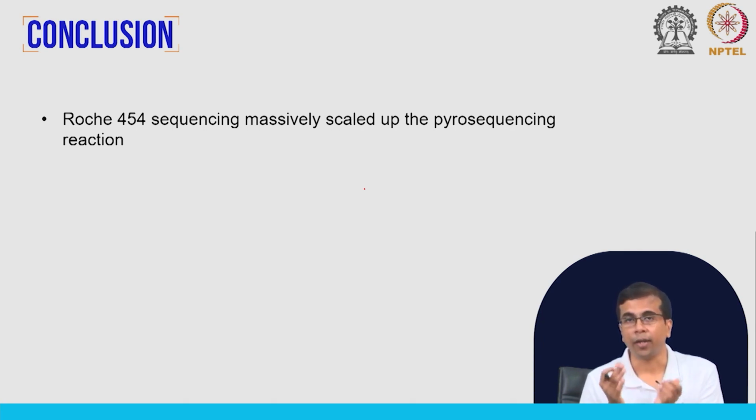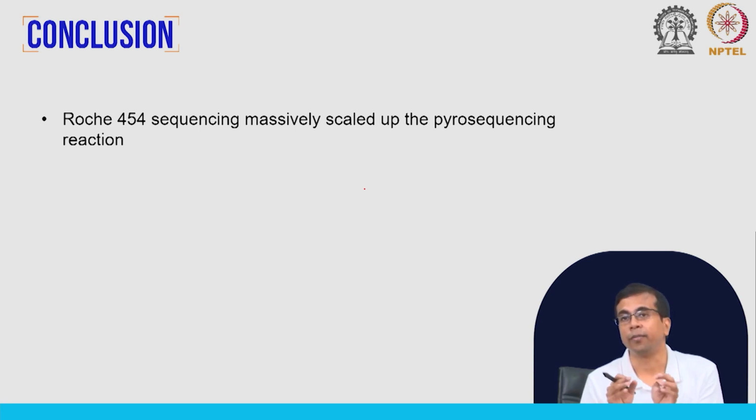At the end, what we get is a bead with multiple copies of the same DNA fragment, and we have millions of such beads prepared in parallel from the genome. Once we have these beads, we put them in picotiter plates.